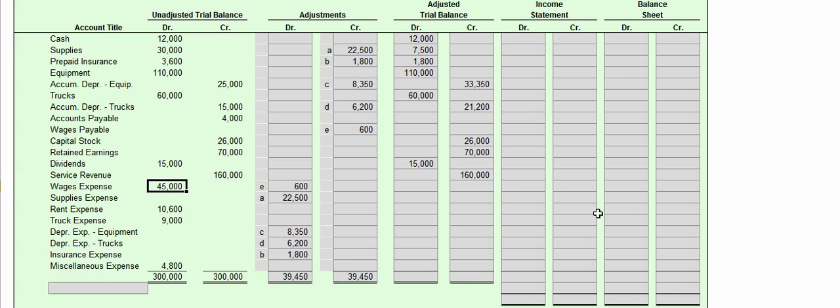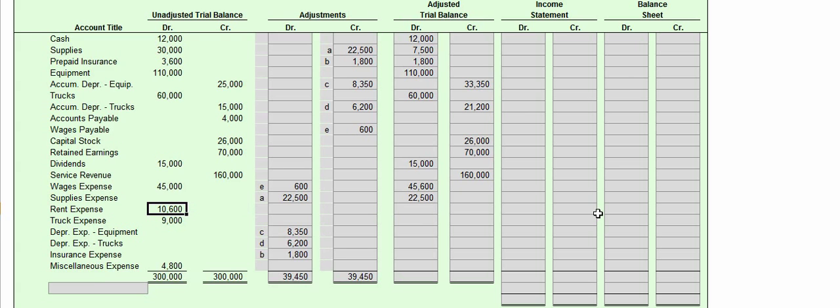All right, on wages expense, we had a debit balance for $45,000, a debit entry for $600. Makes our new debit balance $45,600 when we add those two together. Supplies expense had no beginning balance. A debit adjustment for $22,500 makes the new debit balance $22,500.